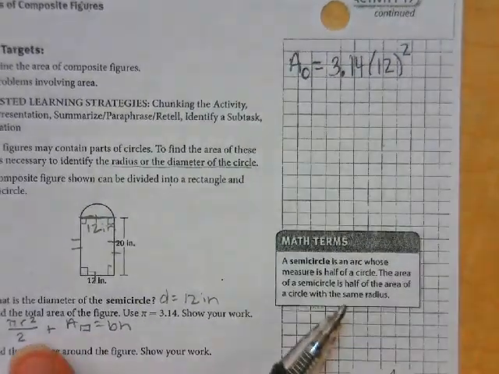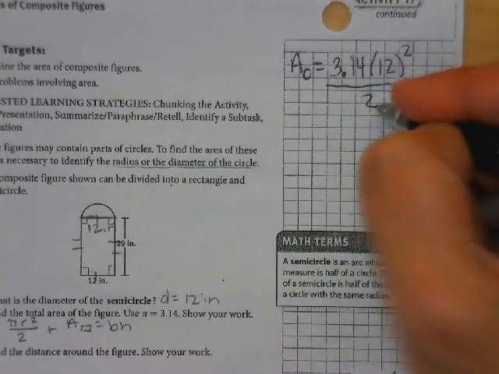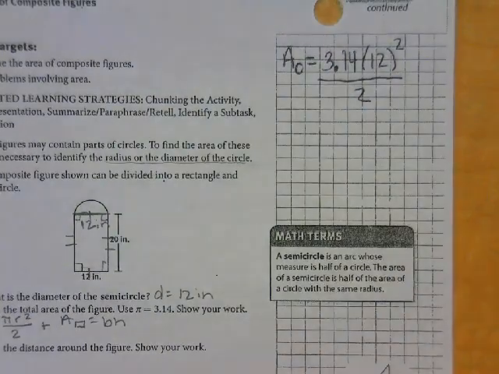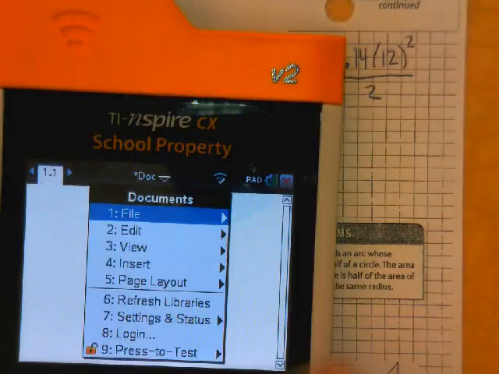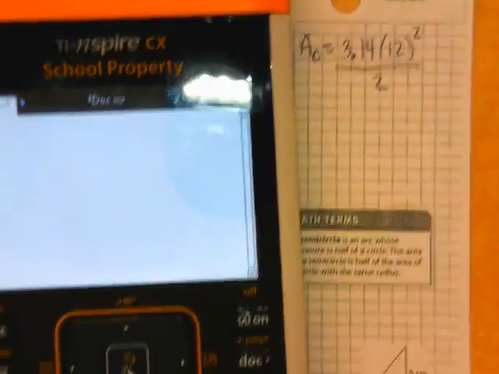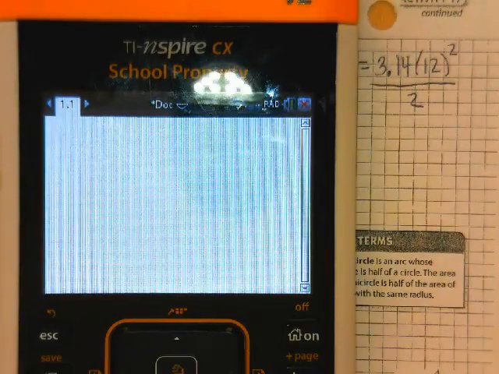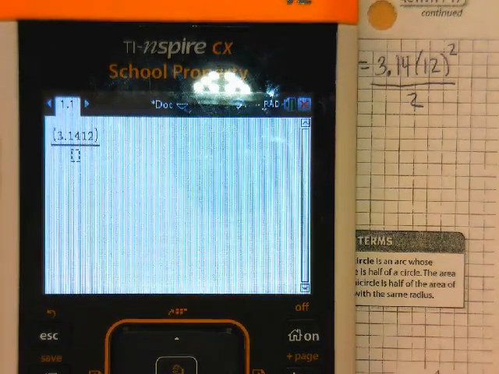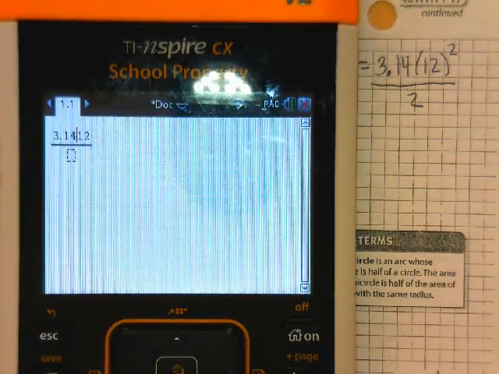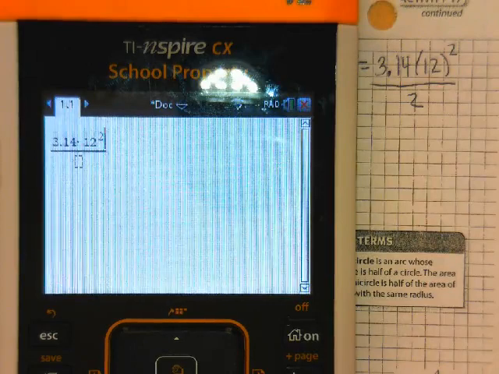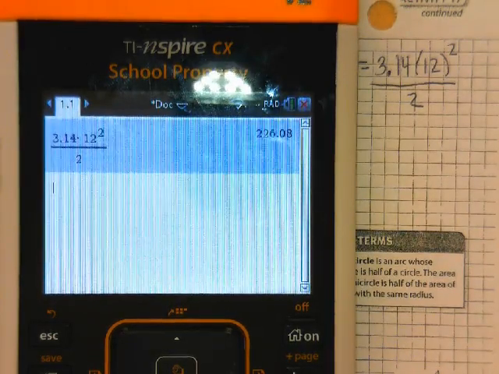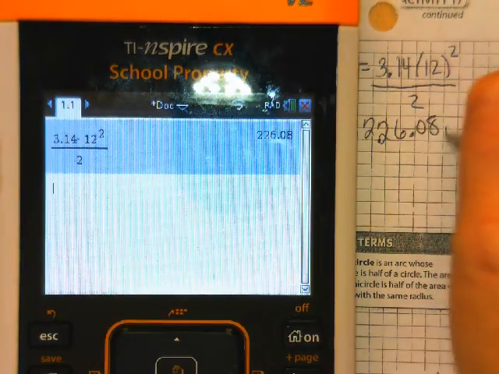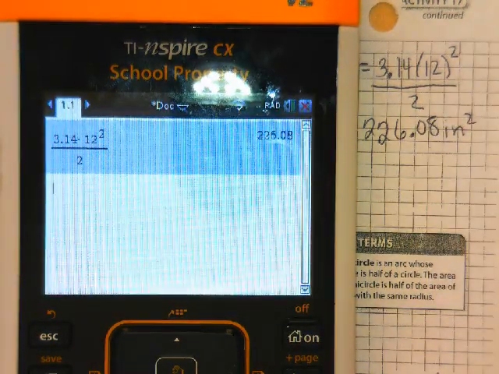And after you've written your formula, divided by 2, and you've plugged in your numbers, then you can go to your calculator, and I can put this full thing in. 3.14 times 12 to the second power all over 2 is 226.08 inches squared. Now that is just the semicircle.